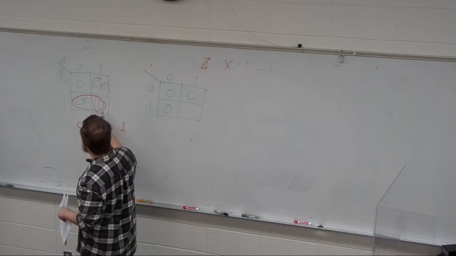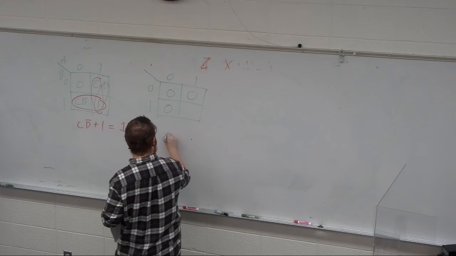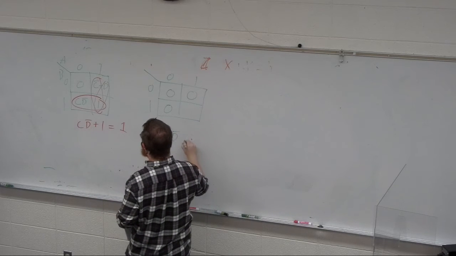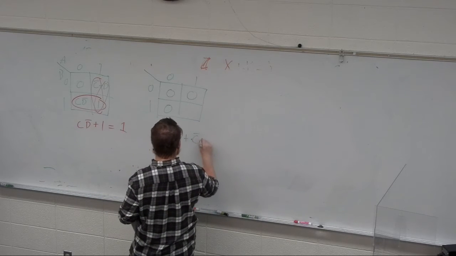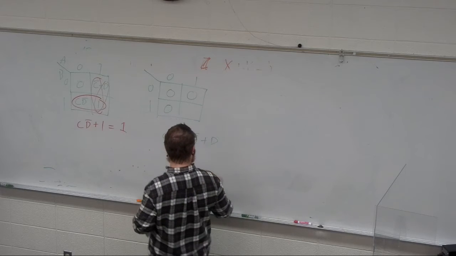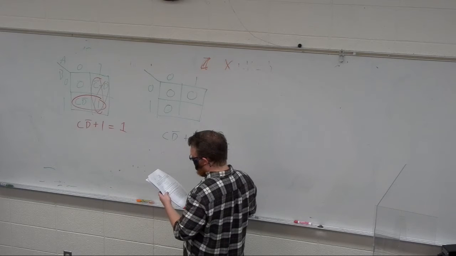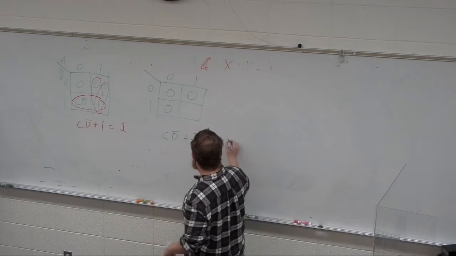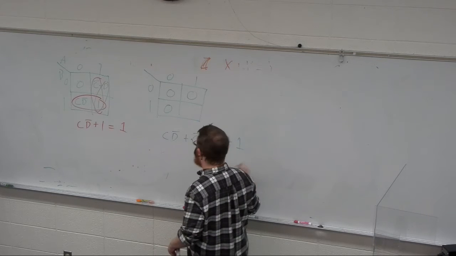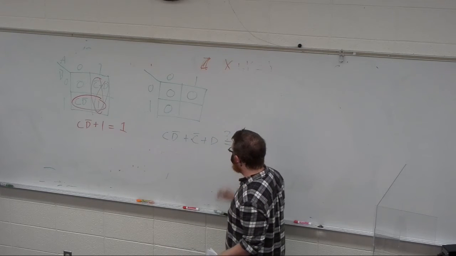And so the sum of the coverages is CD bar or C bar or D. And we have to see if this is true, right? Is it 1?